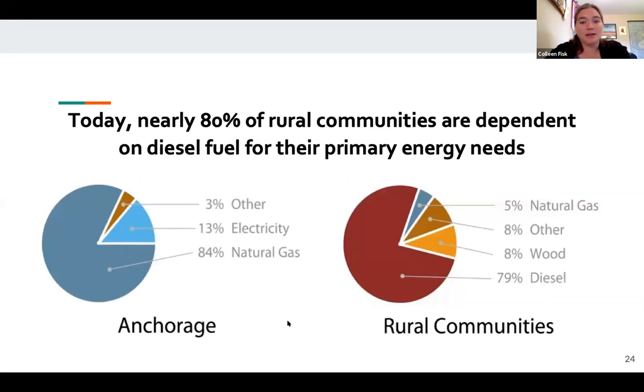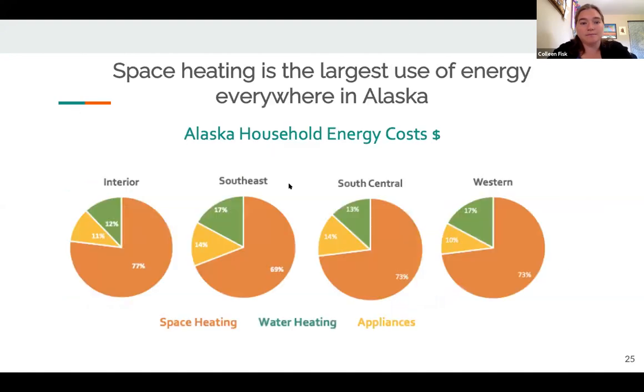And if we switch to rural versus Anchorage, this is really important to think about the source of it. Natural gas is far more efficient and cleaner burning than diesel, which is primarily used in rural communities. Heating is the biggest cost for Alaskans as well.